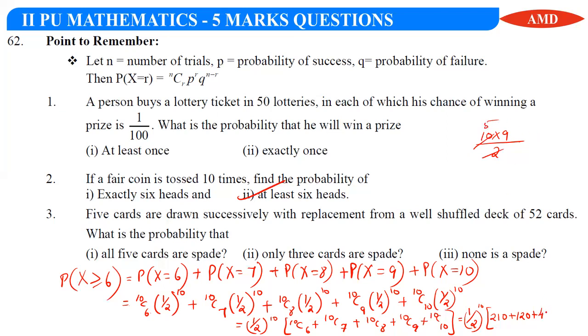Yes, it is 45, plus 10c9 is equal to 10 itself, plus 10c10 is equal to 1.